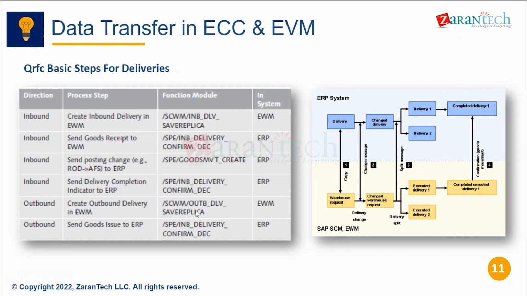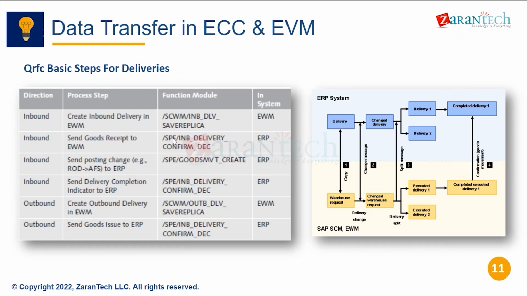Now you can see here this is create outbound delivery, again from the ERP system to the EWM system, and again goods issue will be sent from the EWM to the ERP system. So these are some function modules. You can see OUTB DLV is the same function module as for inbound, INB DLV. Whatever you are receiving into the EWM starts with /SCWM, and whatever you are sending from the EWM starts with /SPE.